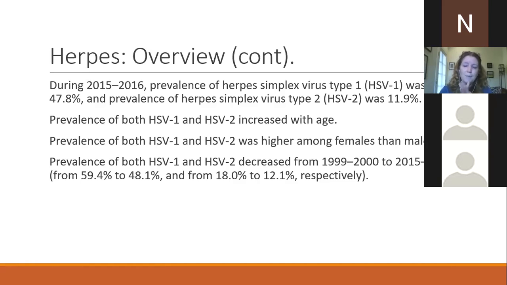Women, or people with vaginas, are much more vulnerable to both types of herpes, 1 and 2, just because of the character of the mucosa, the skin in the genital area of people with vaginas versus a penis. So there's a much higher incidence in people with vaginas versus people with a penis. The prevalence of both of these has decreased over time. So that's some good news in the STI world.